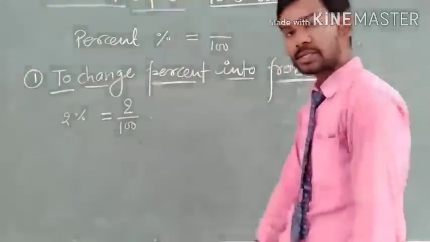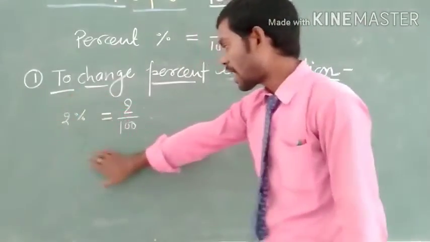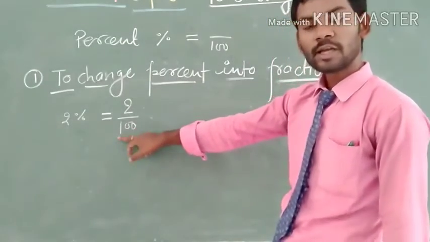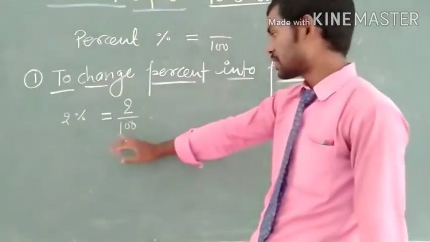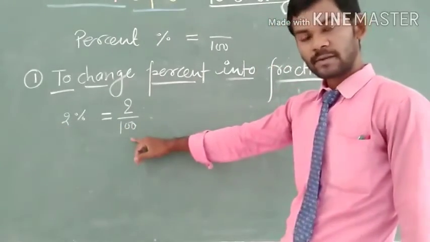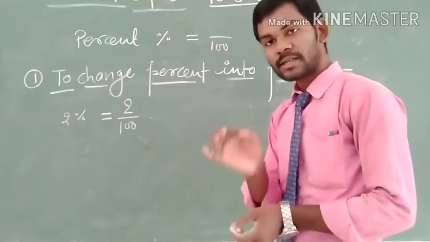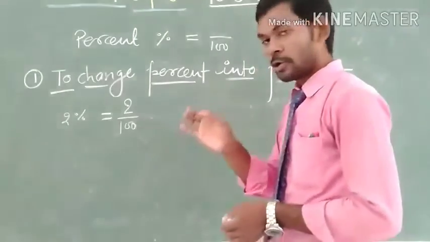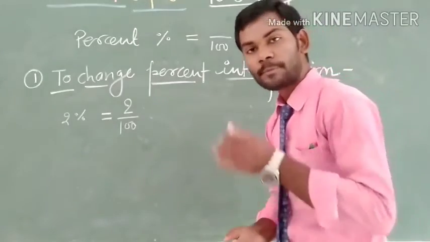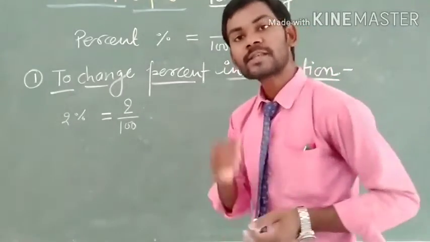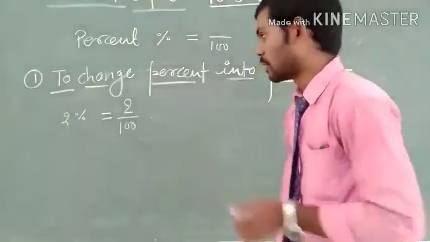Now you can see that 2% has been changed into a fraction, and there is a necessary step to write the fraction in its smallest or lowest form.